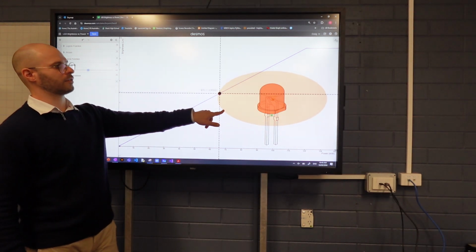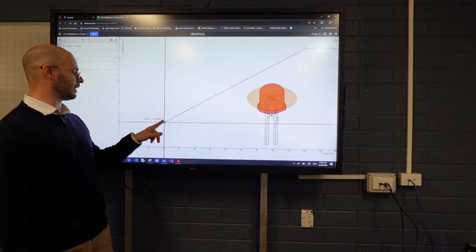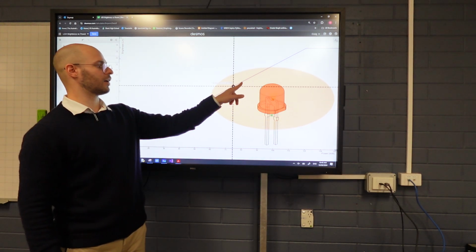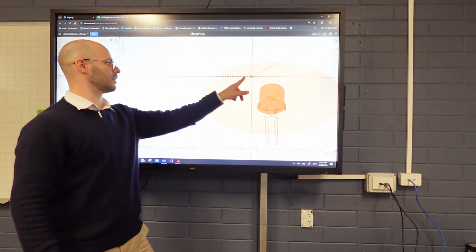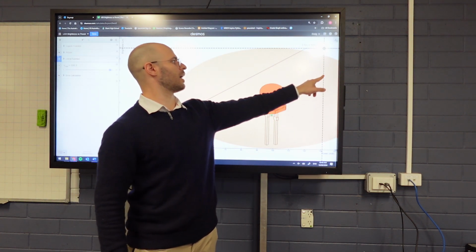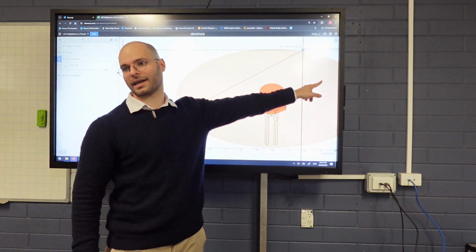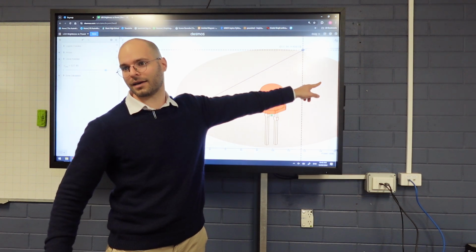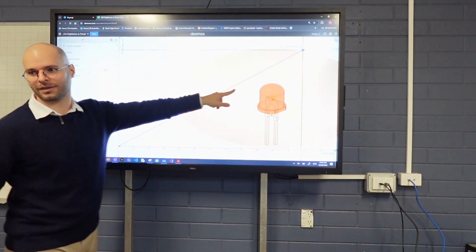Now, this model that I've got represented is a linear model because it just goes up at a constant value. But reality is not really like that. So it goes up and then it plateaus, and it doesn't matter how much more voltage you push through it, it doesn't get any brighter. In fact, it will probably just burn out, which younger me discovered.